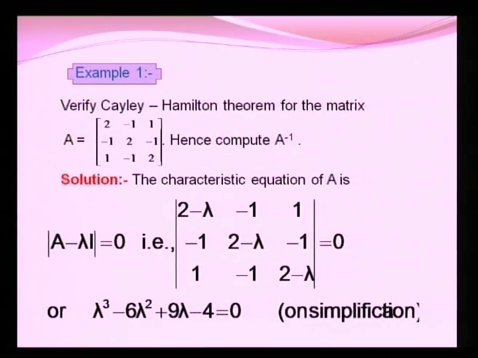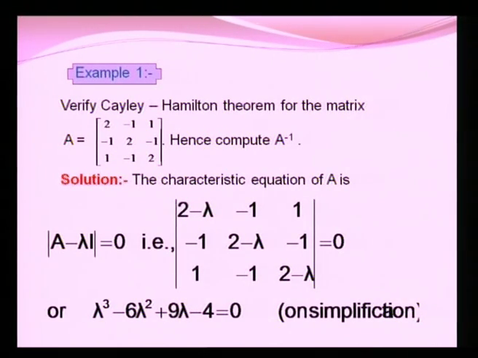So first of all we need to verify the Cayley-Hamilton theorem. That means we need to show that the matrix A satisfies the characteristic equation. Then, using that characteristic equation, we need to find A inverse.